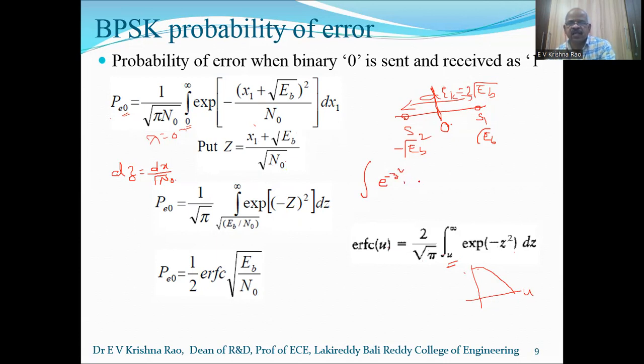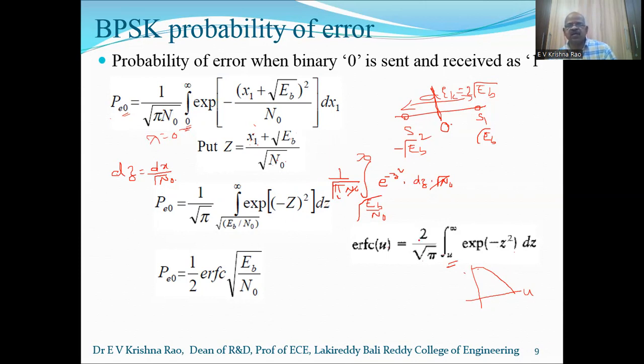The lower limit: if you substitute x equal to 0, the lower limit becomes root EB by N naught, and at x equal to infinity the upper limit stays infinity. The 1 by root pi N naught is already there, and root N naught and root N naught get cancelled. So we get 1 by root pi, integral from root EB by N naught to infinity of e power minus z square dz.